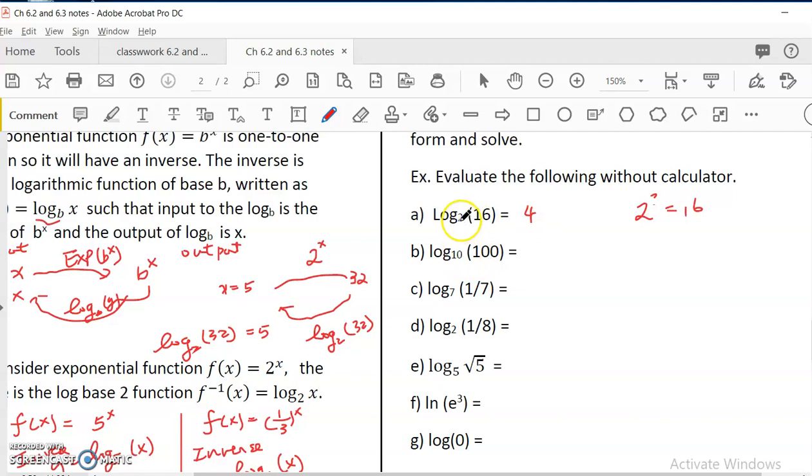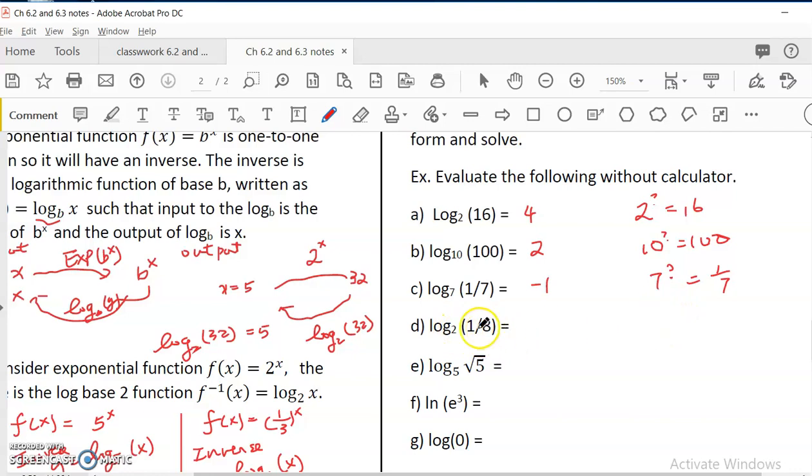So 10 to the answer is equal to 100. 10 to the what equal to 100 is 2, right? And then the third would be 7 to the what equal to 1/7. The one over 7 is a reciprocal, so it's -1, because 7 to the -1 is 1 over 7.